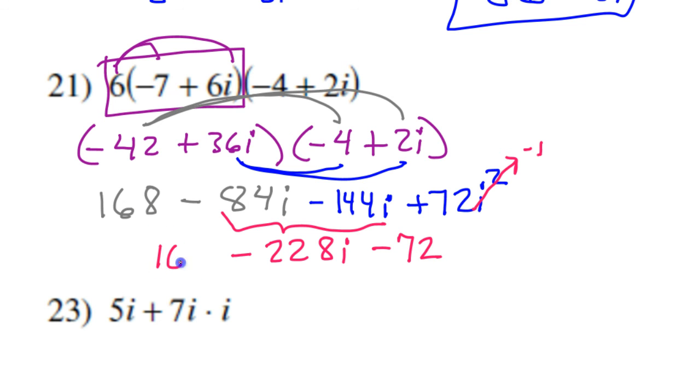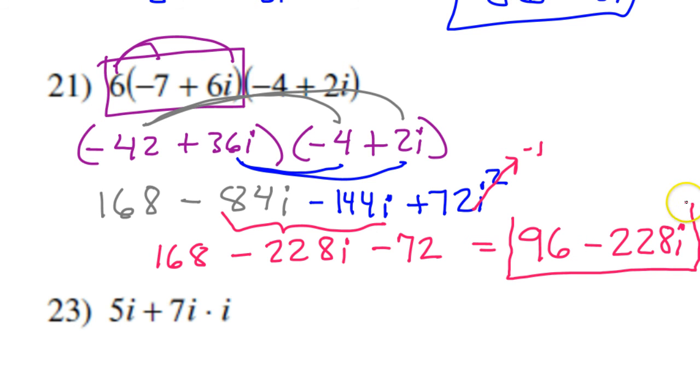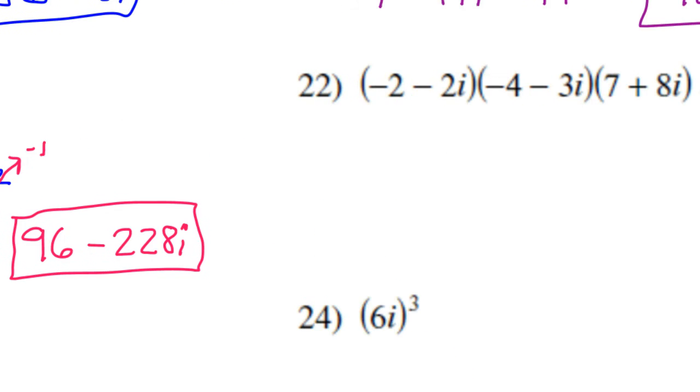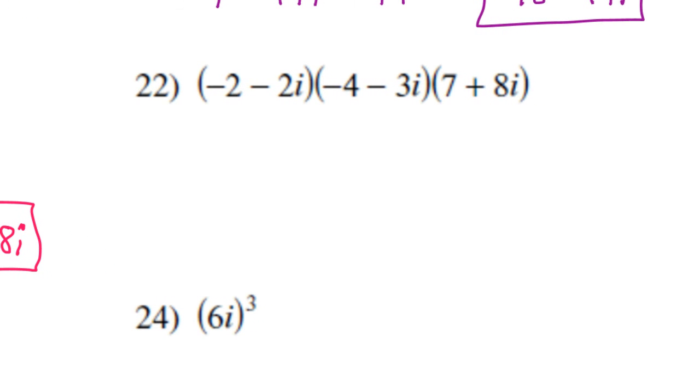And then bring down your 168. Now if I put these together, 168 minus 72, that gives us 96. So it's just 96 minus 228i. Whoa, look at all those numbers, man.